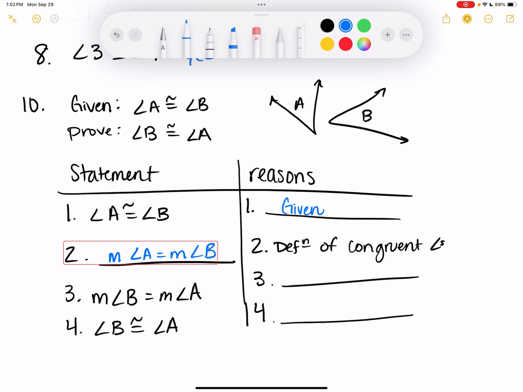Reflexive property, not reflexive, the symmetric. Yep, symmetric property. And then lastly, angle B is congruent to angle A. That's the reason for this one. What? Nope, that's what we're trying to prove. Yep, it can be definition of congruent angles.